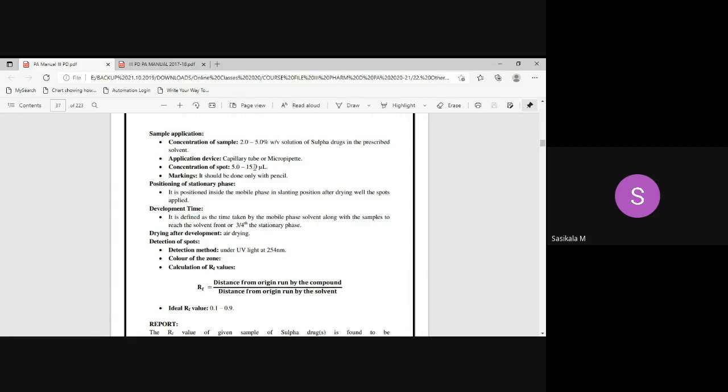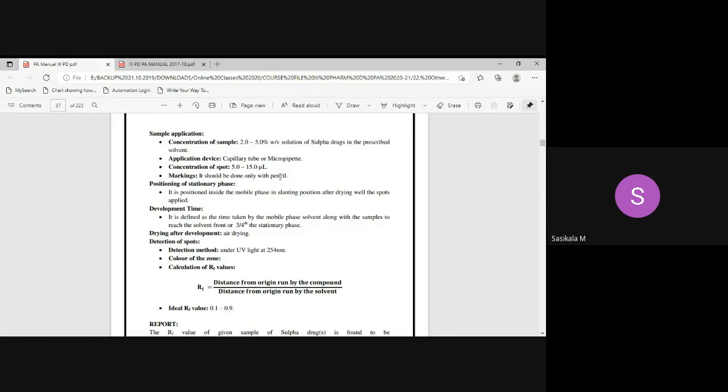5 microliter to 15 microliter through a micropipette can be spotted, or 1 to 3 drops from a capillary tube, on the mark you have given on the baseline, at the center of the glass slide. How should the baseline be marked? It should be done with a pencil, or on the back side of the glass slide, so you need not disturb the thin layer you have prepared.